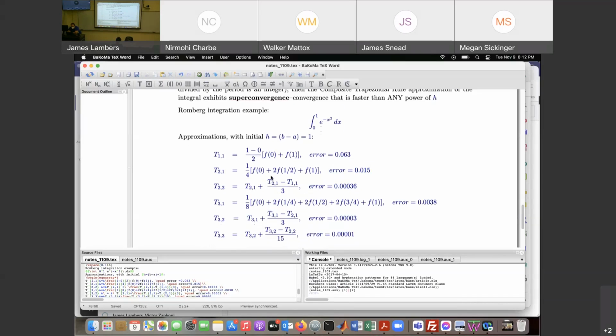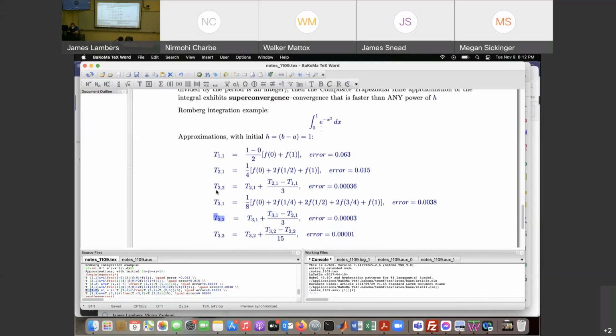But now that I have these 3 trapezoidal rule approximations, so T11, T21, T31, I can extrapolate between these two, just like I did these two, and that's what happens here. So I'm using T31 and T21 to give T32.